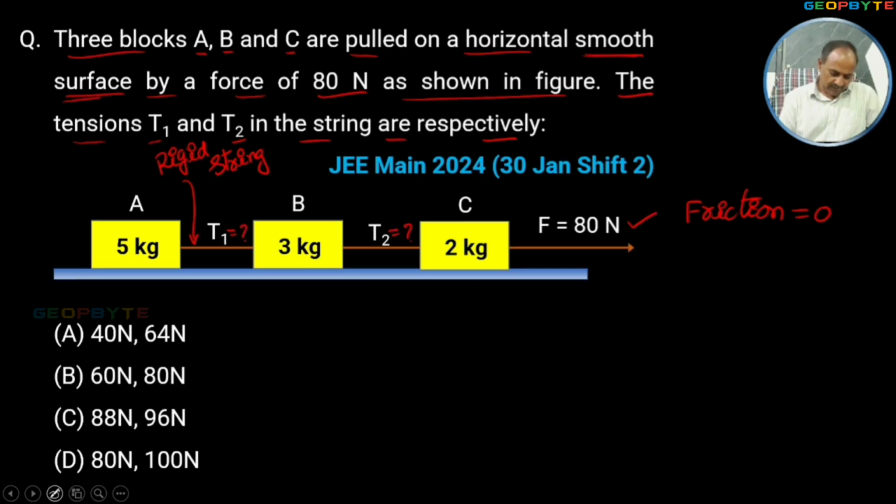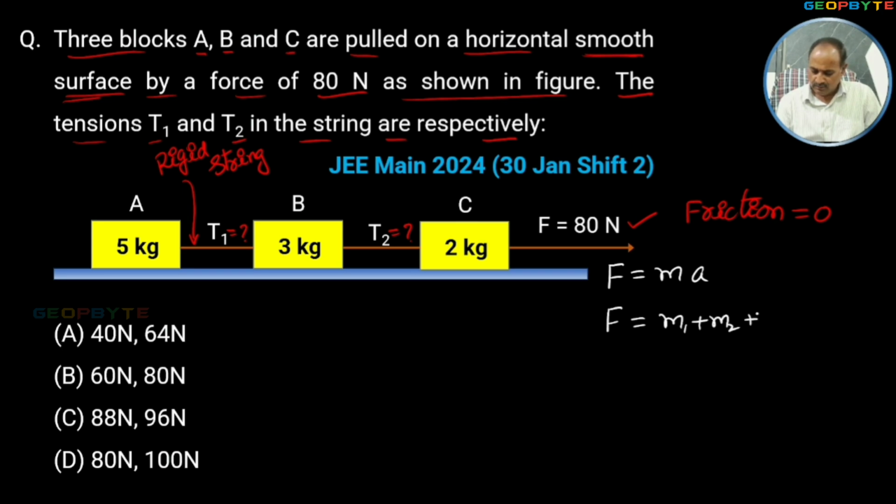For that case, first I need to decide the acceleration. Here force must be equal to mass times the acceleration. Force equal to m1 plus m2 plus m3 times the acceleration. From this, acceleration equal to force by total mass, m1 plus m2 plus m3.